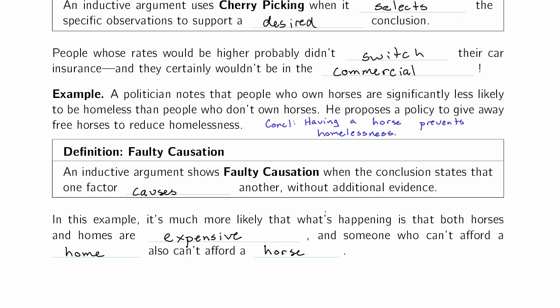But whenever you see an inductive argument that claims that one thing causes another, be sure to look at it and see if there's anything to rule out, say, the causation going the other way, or the two things sharing a cause, or even just a pure coincidence, because sometimes there are also pure coincidences.